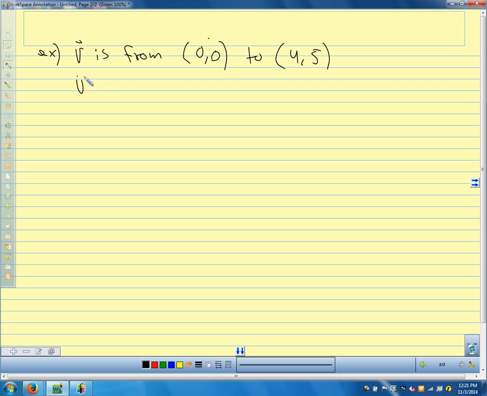And vector U is from the point 2, 3 to the point 6, 8. We want to show that U equals V.